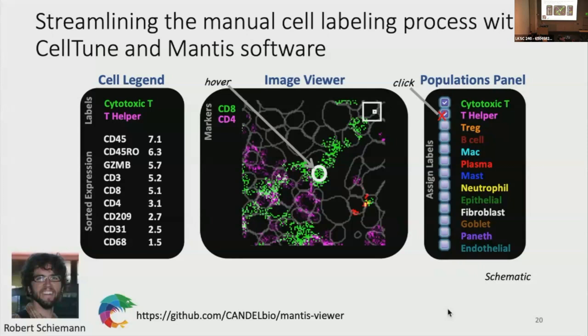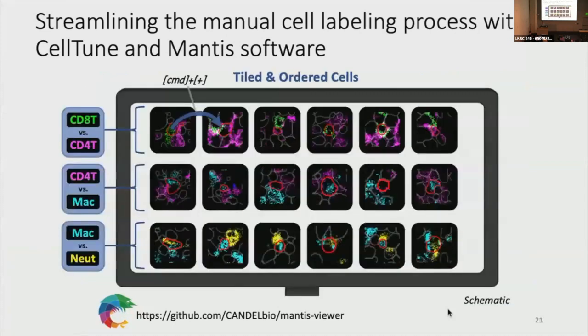So this cell in the beginning was predicted to maybe be either a cytotoxic or a T helper cell, and there is some CD4 expression on that cell. But when we look at it by eye, it's very, very clear to us a CD8 expressing cell, and there's some spillover from the neighbor. And so you have this population panel where it's easy to just click and adjust the populations for that cell. And that's one thing we've done.